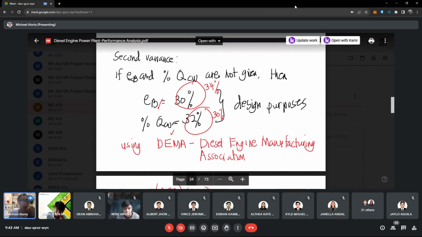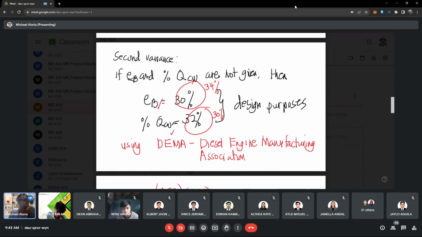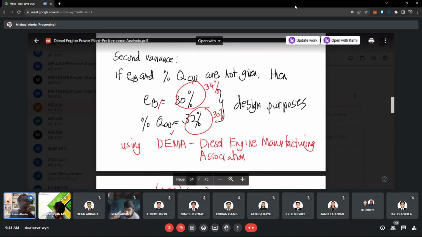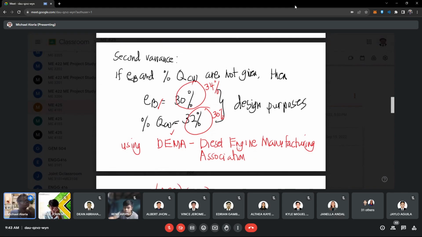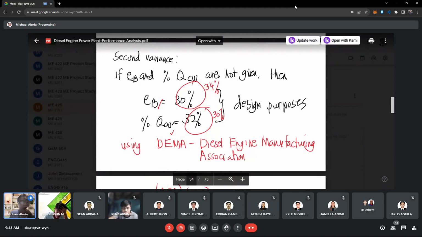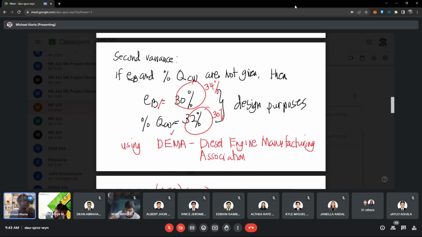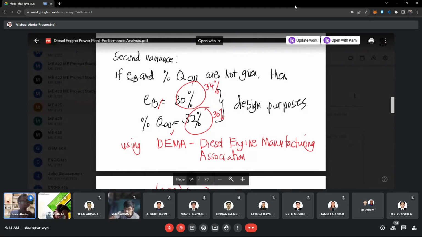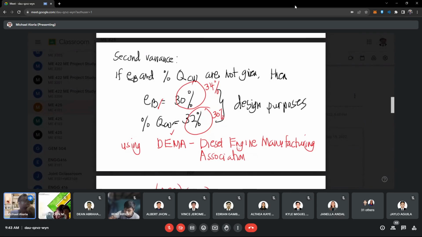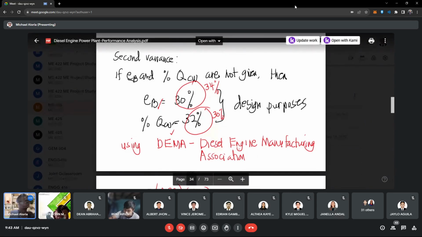Percent QCW, you will use 32% instead of 30%. So, alin yung 30% and 32% values? These are being recommended by DEMA. DEMA is Diesel Engine Manufacturing Association. So for design purposes, you will use brake thermal efficiency as 30%, percent QCW at 32%.